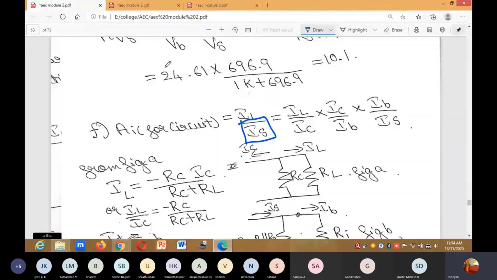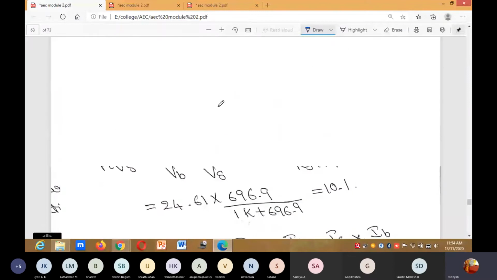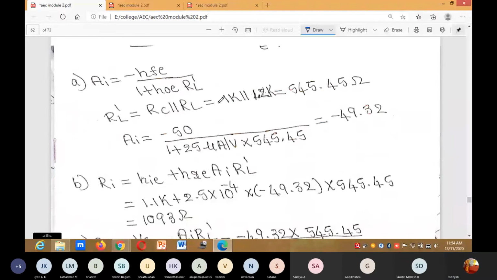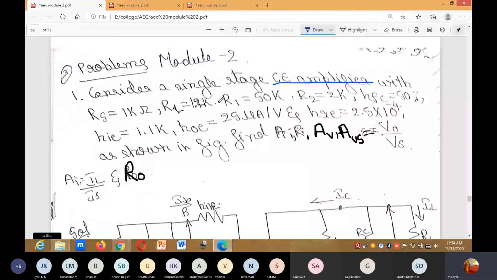Next, we shall solve the problem. This is the problem on the CE amplifier.